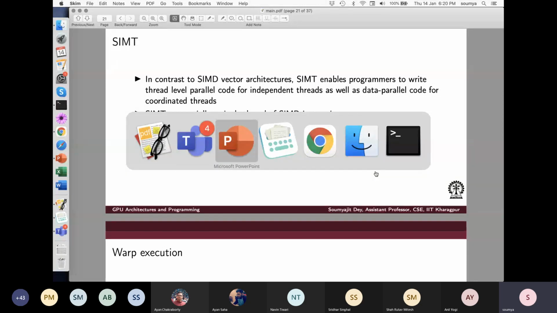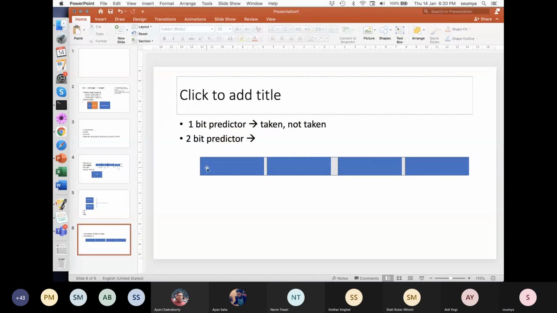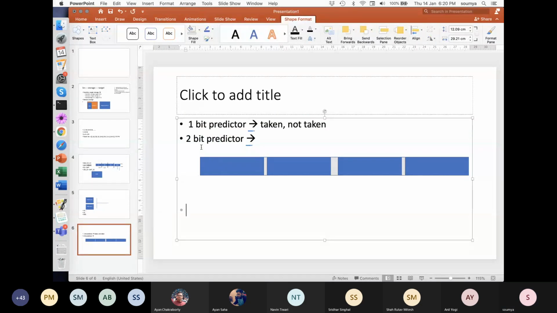So let me take an example. Let's say I have to add certain values, then I have to subtract certain values, and then I have to, let's say, multiply certain values. And I have to do this on an array of size 1 to 100, or let's say 1 to 64.